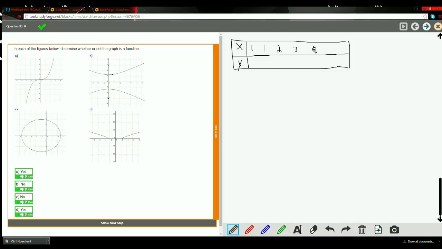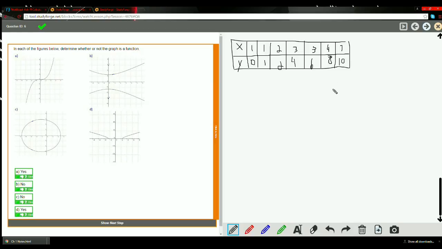Let's just put another 3 just for the fun of it, and then 7. So you see, this is a table of x values. Now, as you can clearly see, let's just put 0, 1, 2, 4, 6, 8.